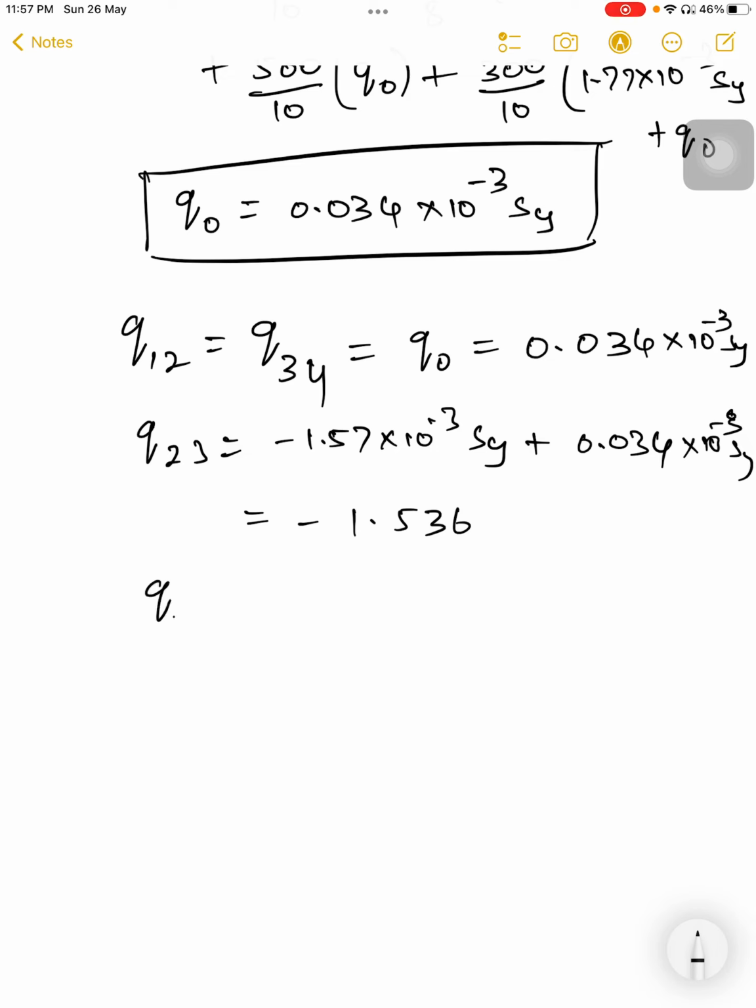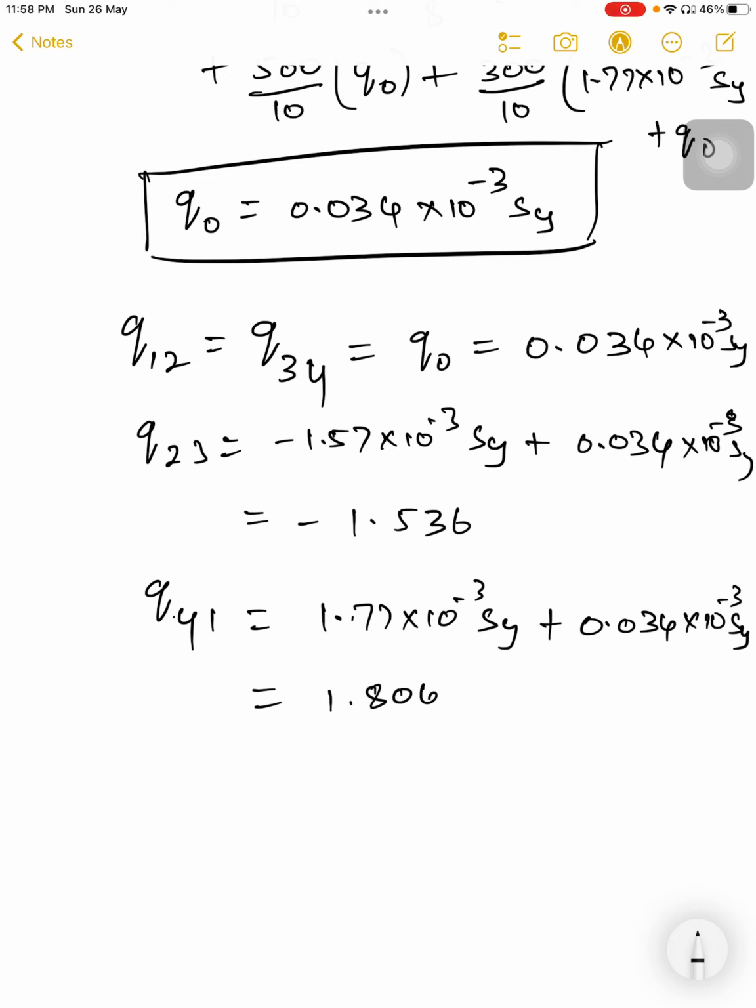Similarly, for Q41, it will be 1.777 into 10 power minus 3 SY plus Q naught, which is 0.034 into 10 power minus 3 SY, which will be equal to 1.804 into 10 power minus 3 SY.